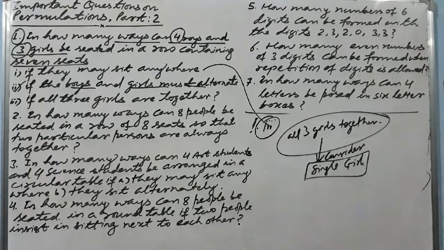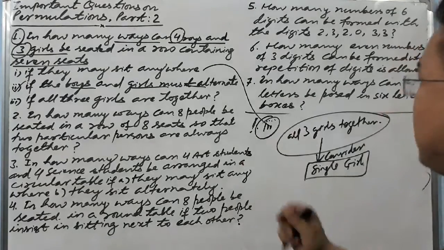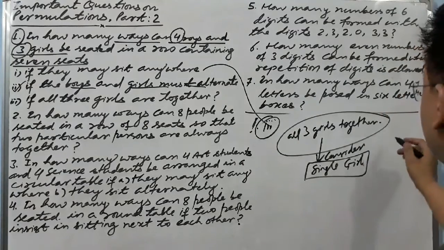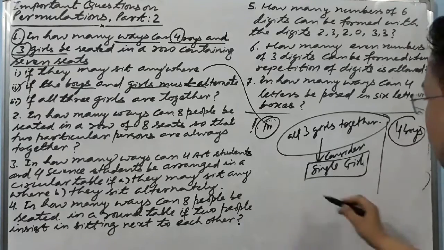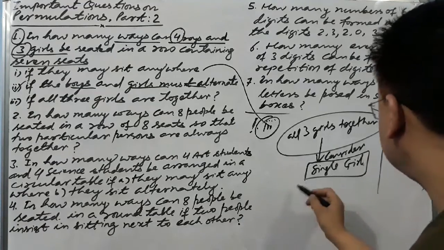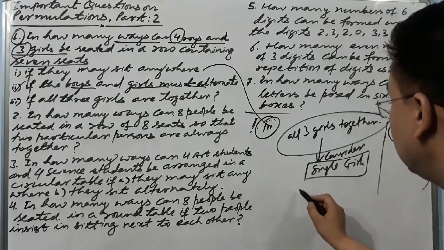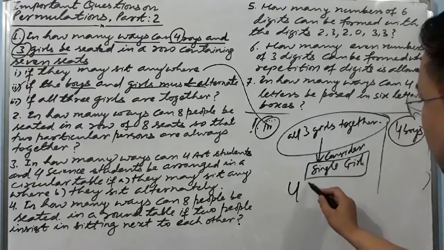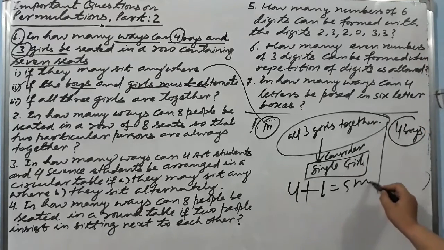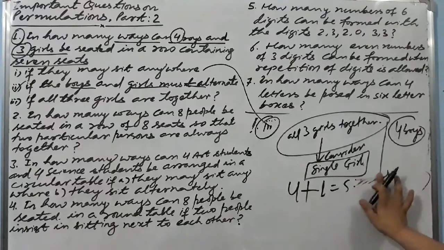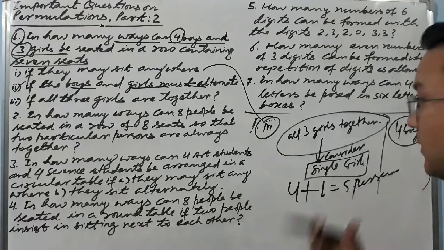We have to consider all three girls as a single girl, a single member. How many boys are there? Four boys. Altogether how many members will there be? Four boys plus one girl considered single, so five members, five persons.